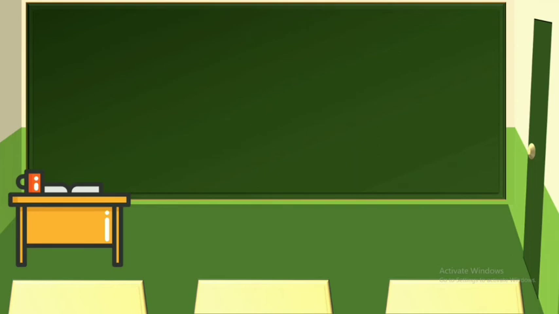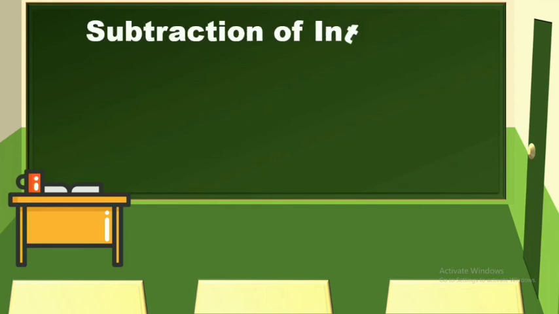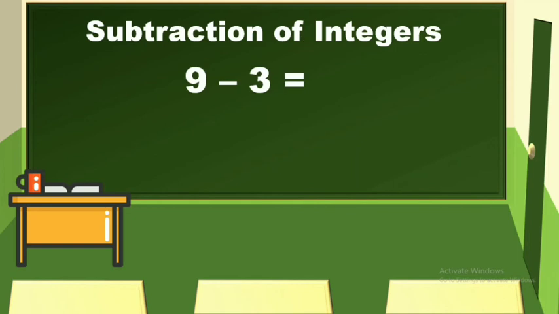Now, let us proceed to another topic, which is subtraction of integers. But before that, let us have a short review first about the parts of subtraction. When you say 9 minus 3, what is the answer? Yes, that is 6.